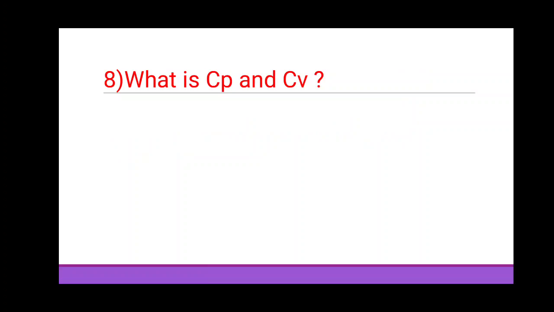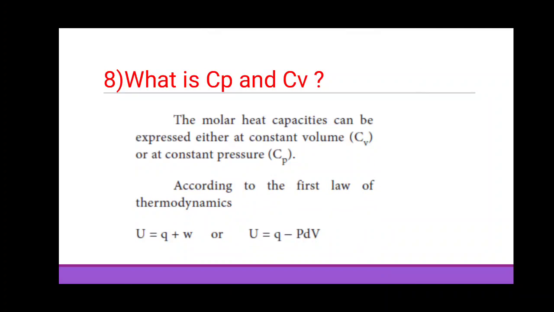Now, what are Cp and Cv? The molar heat capacity can be expressed either at constant volume, that is Cv, or at constant pressure, Cp. So Cp and Cv are called molar heat capacities. According to the first law of thermodynamics, as we studied earlier, ΔU equal to Q plus W, where work is done on the system.